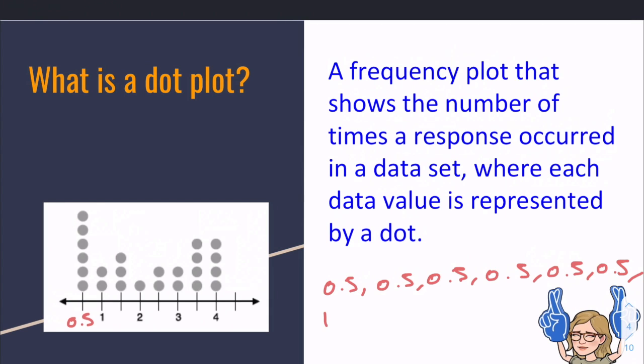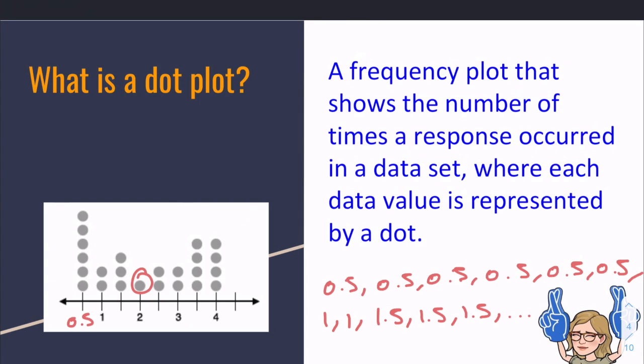And then I would have 2 ones because I have 2 dots over 1. And I would have 3 1.5s because I have 3 dots over 1.5. So you could keep going that way, but basically the number of dots over the number line tells you how many of that certain number you would have. So I'd have 1 two, 2 2.5s, 2 3s, 4 3.5s, and 4 4s.